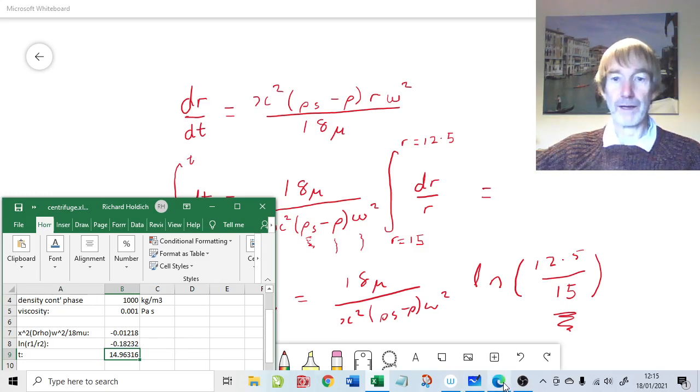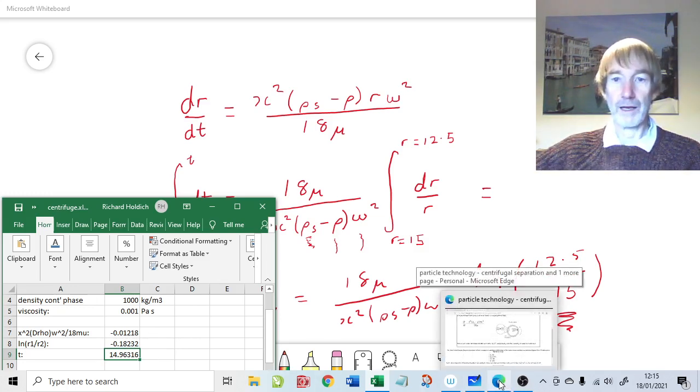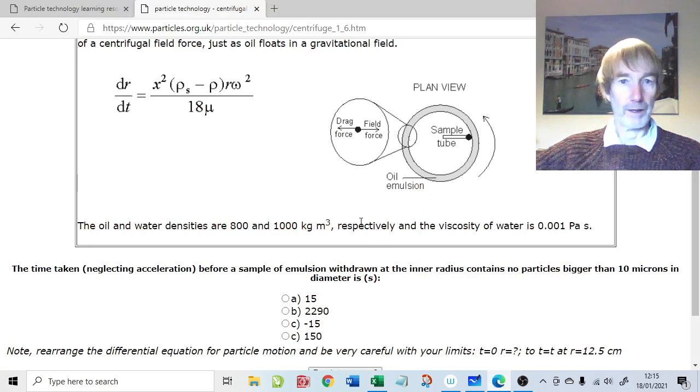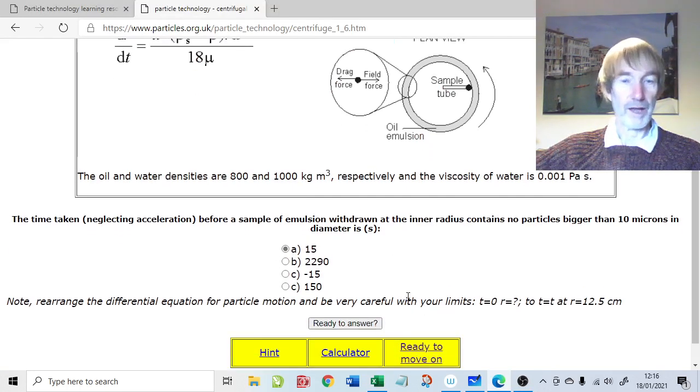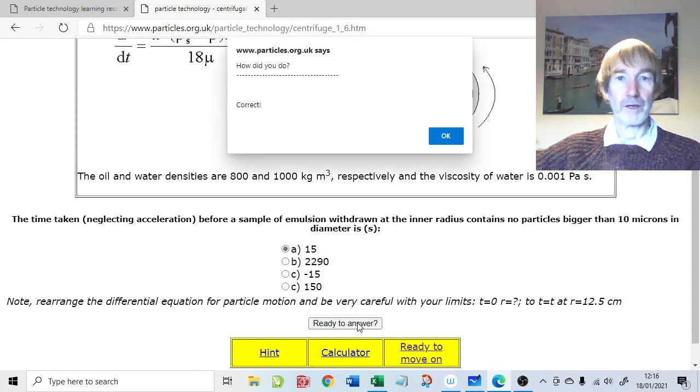So going back to the problem here, the answer is A, it's 15 seconds. Having got the correct limits sorted out. Quick check, yep, that's right.